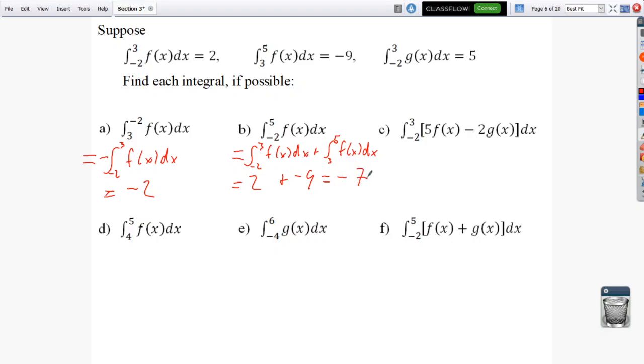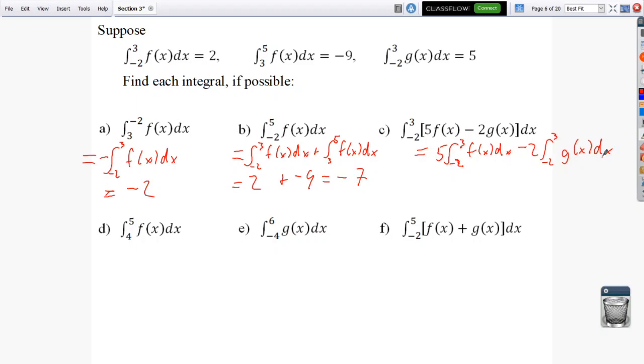Looking at the letter C might look slightly difficult, except we recognize we've got a difference in here, so we can split that up into two different integrals, and we've got arbitrary constants in here, constant multiples. We can change this to 5 times the integral from -2 to 3 of f of x dx minus 2 times the integral from -2 to 3 of g of x dx.